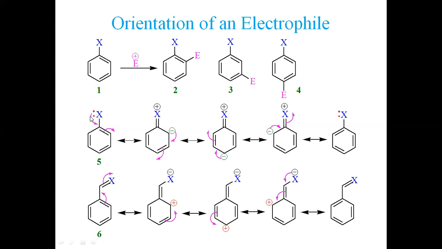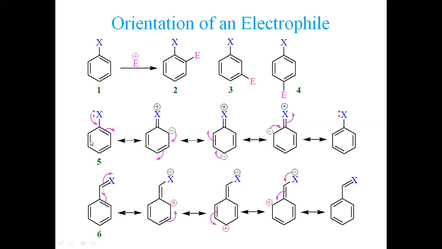If it donates this electron pair here, the pi electronic density shall transfer onto this carbon. You see this carbon is becoming electron rich, negatively charged. So this electron density transfers here and this pi electronic density transfers here, generating a negative charge here. Very similarly, it generates a negative charge here, then it goes back to the same form.